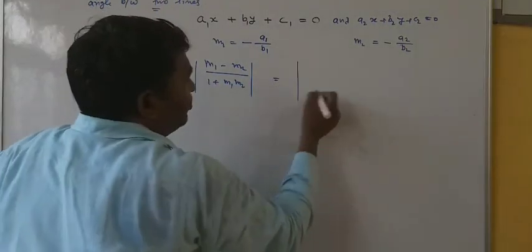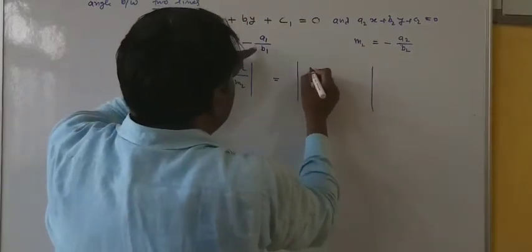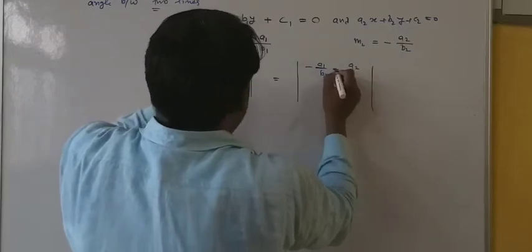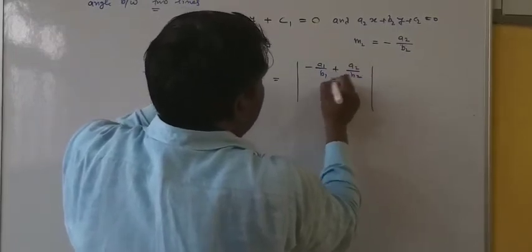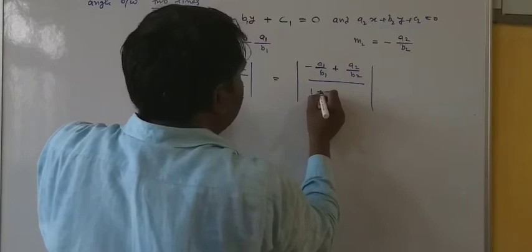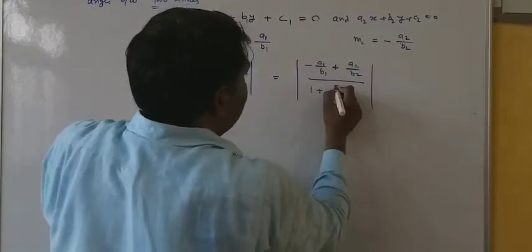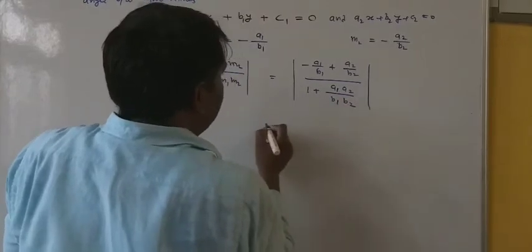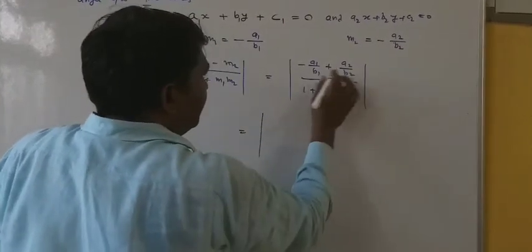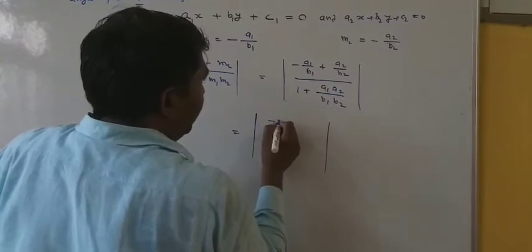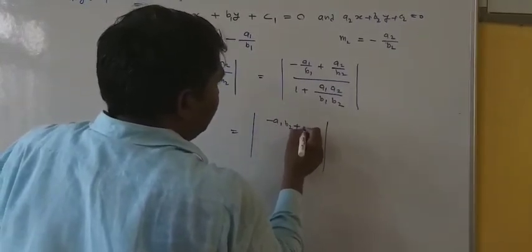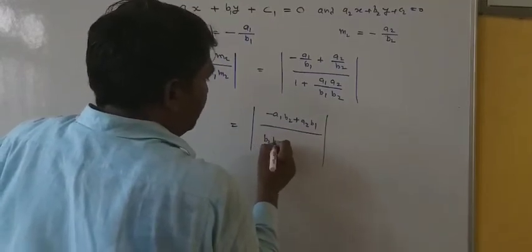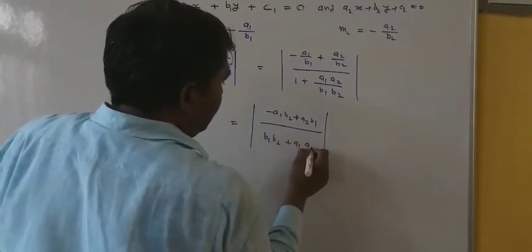So putting these values of m1, minus a1 upon b1, minus, minus a2 upon b2, upon 1 plus this into this, means a1 a2 upon b1 b2. It implies that taking LCM b1 b2, minus a1 b2 plus a2 b1 upon b1 b2 plus a1 a2.